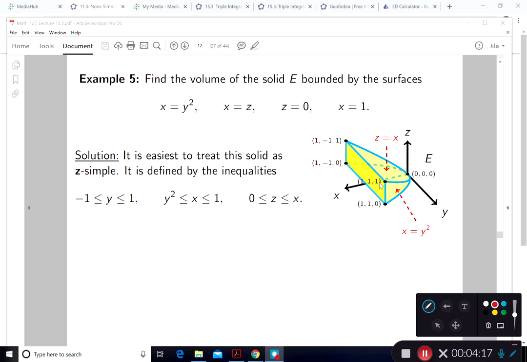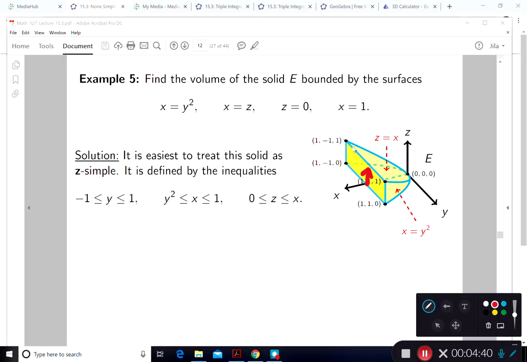So let's set it up. It's important to know how to do non-simple regions, but sometimes choosing the simpler solid is the easier way to go. Let's do the z direction inside.